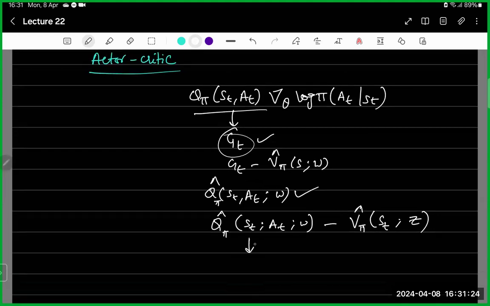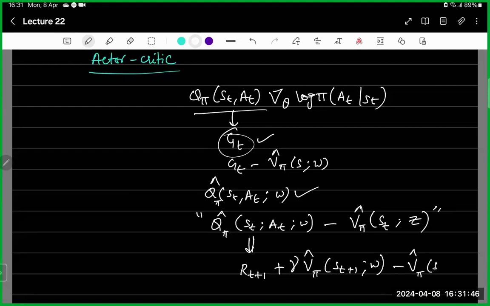Instead, as I said, you just approximate this as r t plus 1 plus gamma times v pi hat of st plus 1, w minus v pi hat of st, w. If you use this instead of Q pi in this term, that is what is actor-critic with baseline. Right? Is this clear?